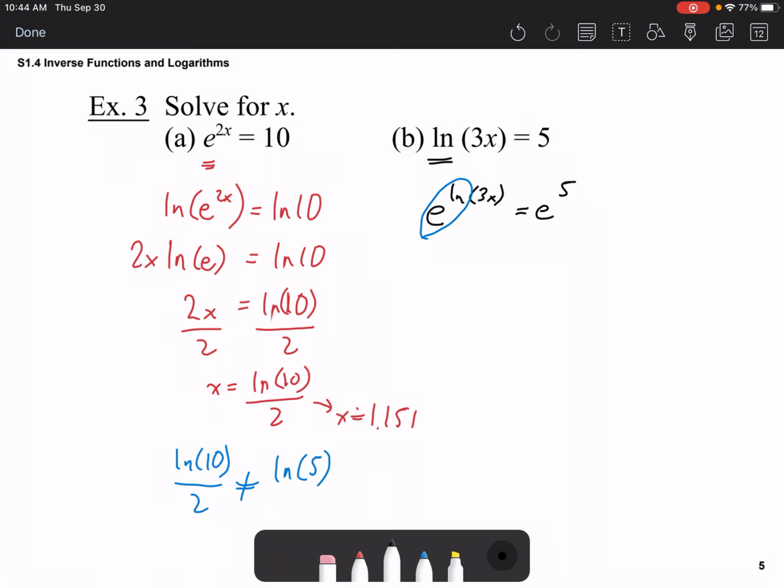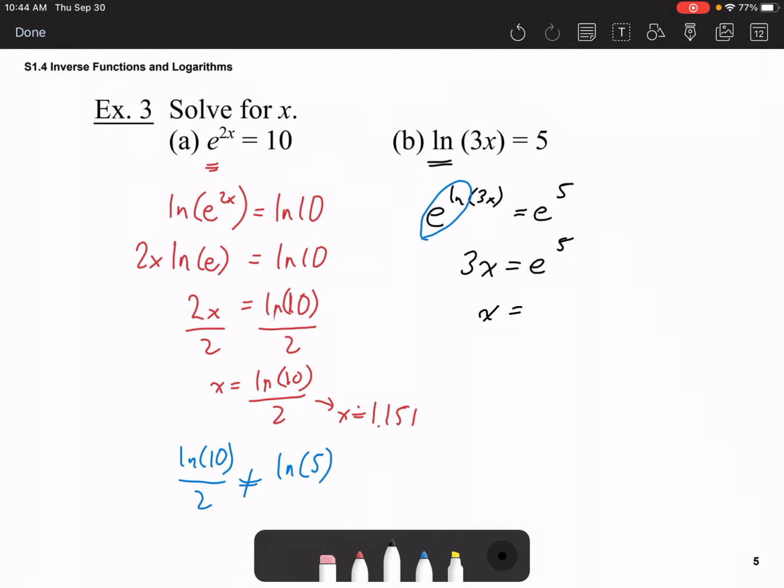A little bit stranger is that this now becomes 3 to the x as just a base value. So in order to solve for x, you just take e to the 5 and you divide by 3.